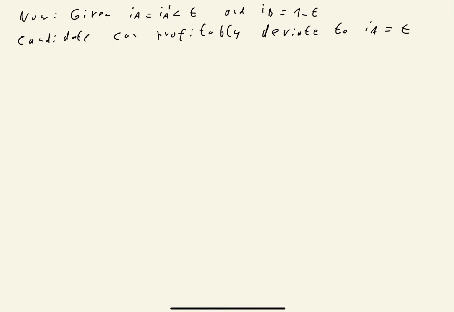So if B has chosen his ideology and A has chosen an ideology less than his true ideology, then A can profitably deviate to his true ideology.